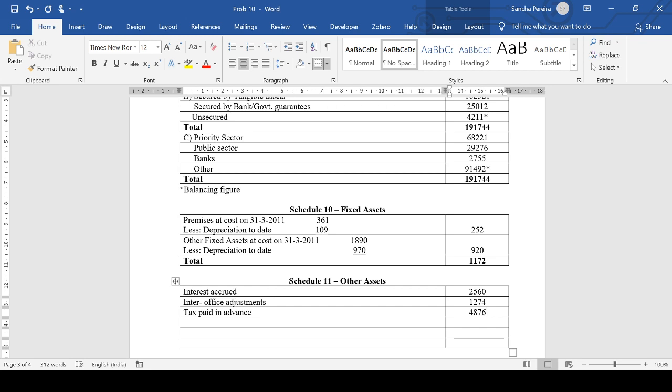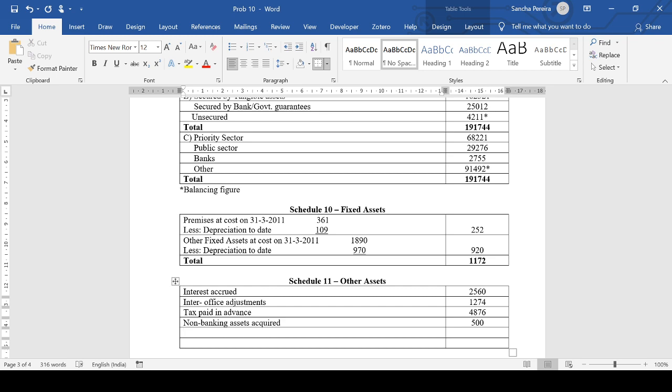Then we also have non-banking assets acquired, which are 500.